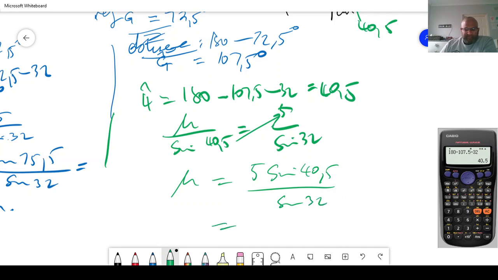Put that in our calculator. 5 sine 40.5, I could have just pressed the answer because it's the last answer calculated, over sine 32 degrees. That gives me a length of 6.1. So h is 6.1 centimeters.